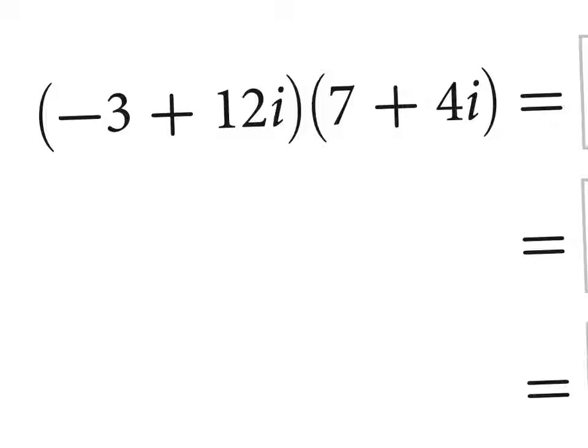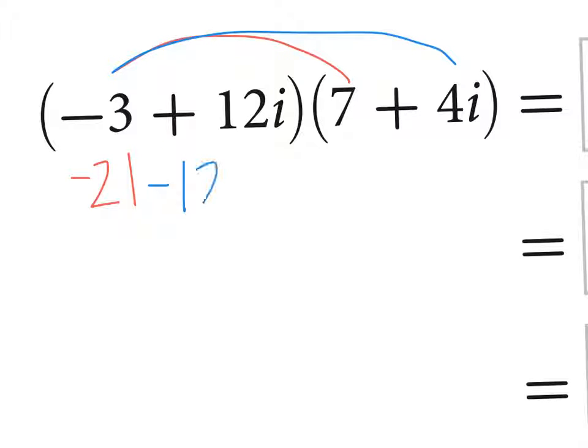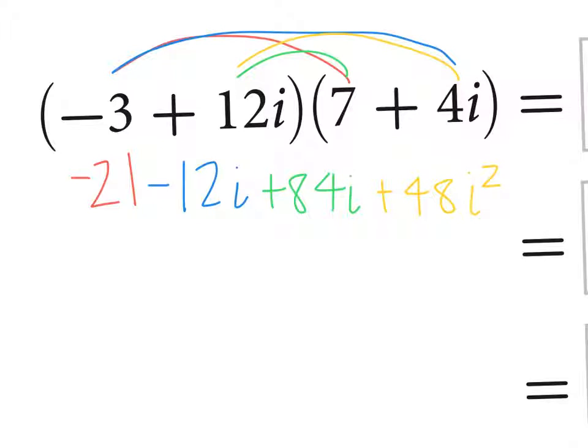So we have negative 3 plus 7i times 7 plus 4i. So I'm going to FOIL this. So negative 3 times 7 is negative 21. Negative 3 times 4i is negative 12i. 12i times 7 is going to be 84i. And 12i times 4i is going to be plus 48i squared.